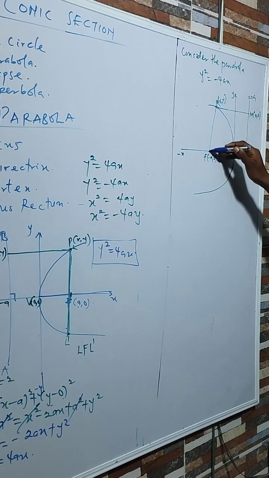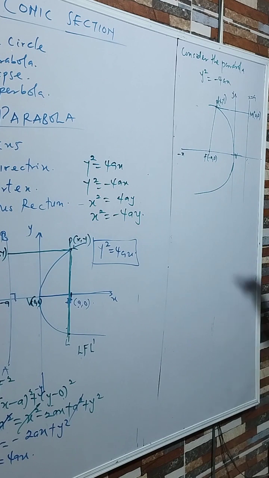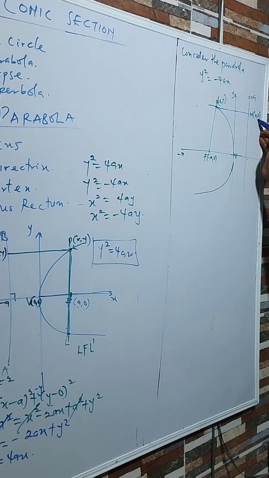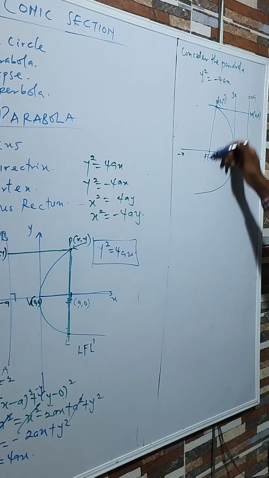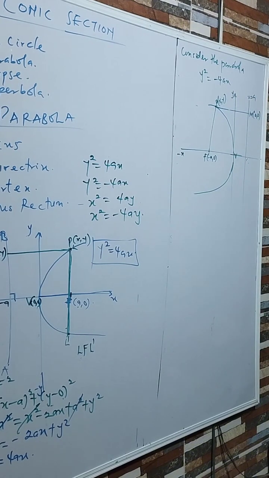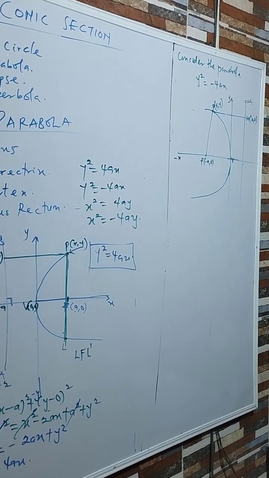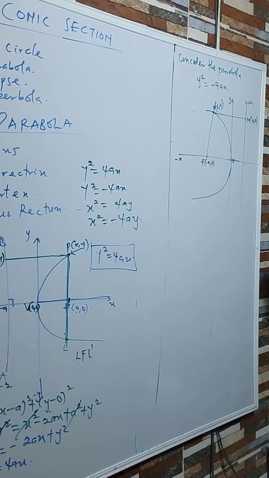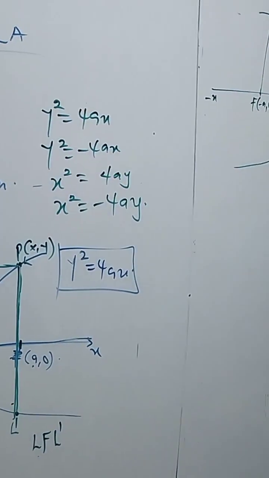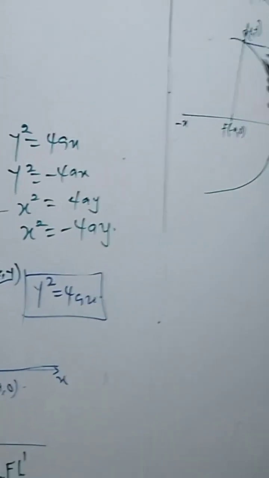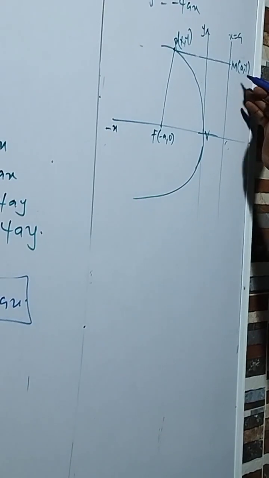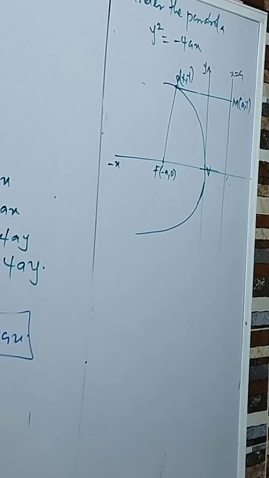So joining this line down, remember what I said, the distance to the directrix is equal to the distance from the focus. If I solve this quickly, this point is (a, y).